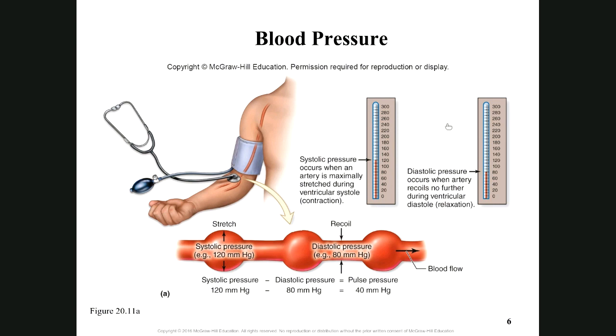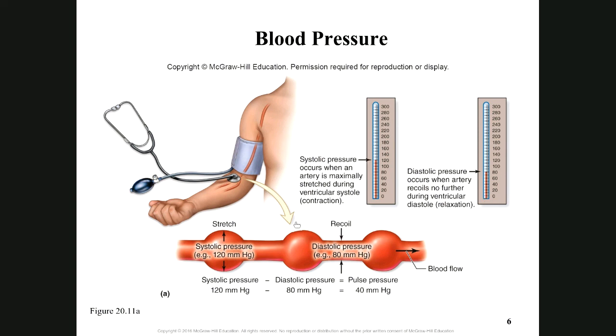And in this picture, you can see the pulse pressure. I will talk about how we can measure the blood pressure in the last slide of this chapter. But imagine that we measure the blood pressure and we have a systolic and a diastolic number.